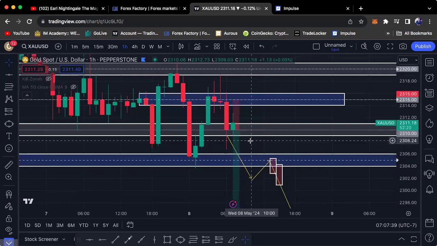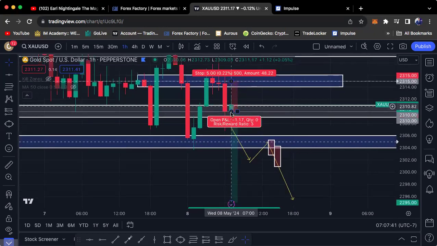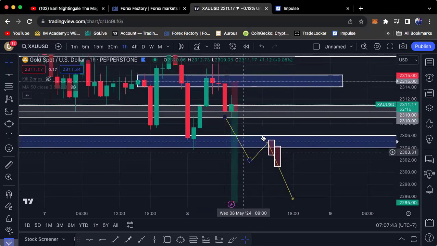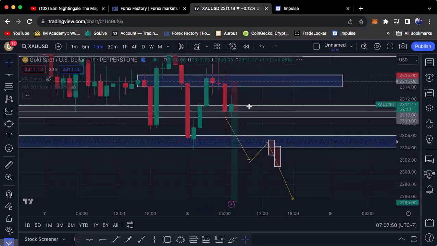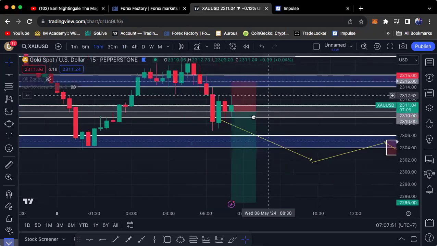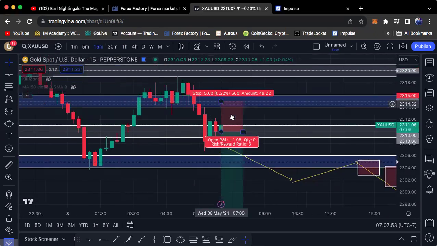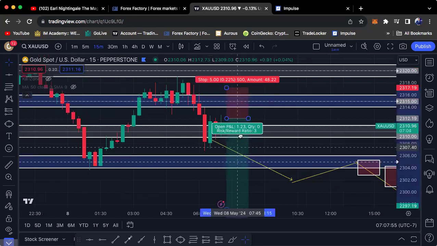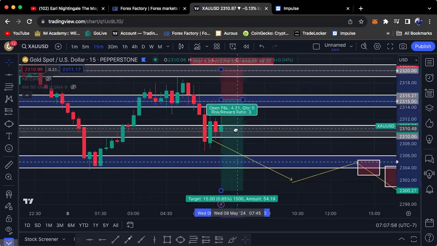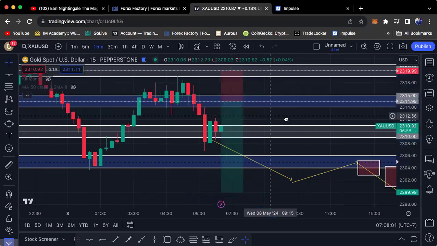So instead, I'm going to wait for it to break below and retest. Or it may come here to retest as well. This would be a lot safer as well, just waiting for it to come here.